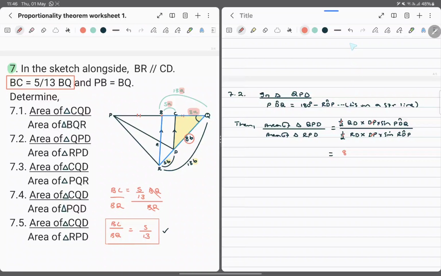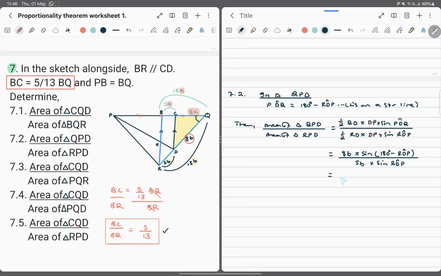So now what is QD? QD is 8B, sorry, times the sine. Here we will substitute 180 minus RDP, all divided by RD is 5B times the sine of RDP.